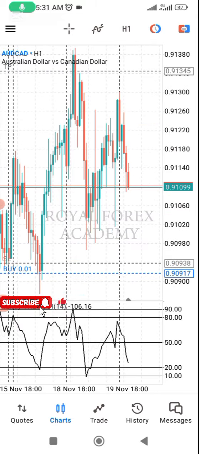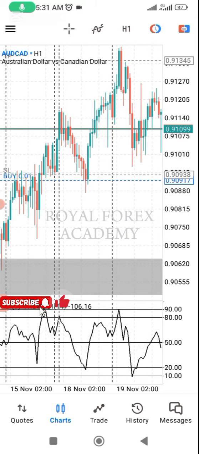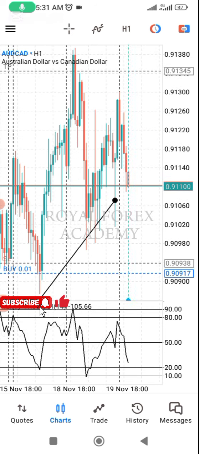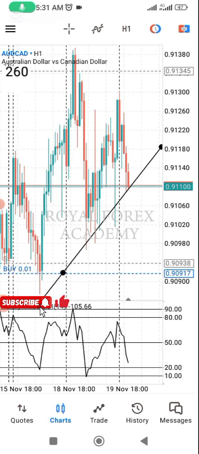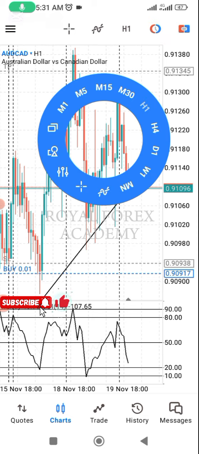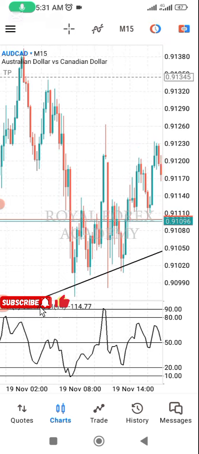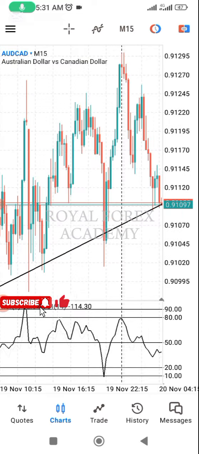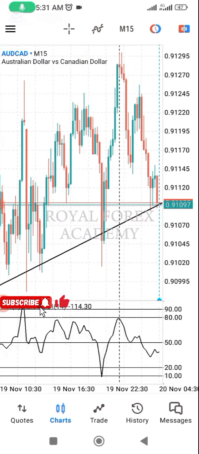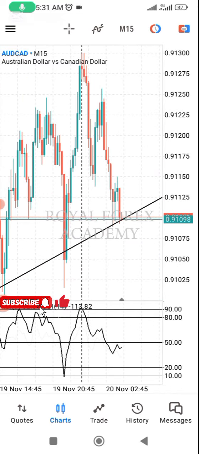Come to your H1. Let's connect our trend line. Okay, great. So this is our trend line. Simple, right? Let's move to our 15-minute time frame. Now this is our 15-minute time frame.